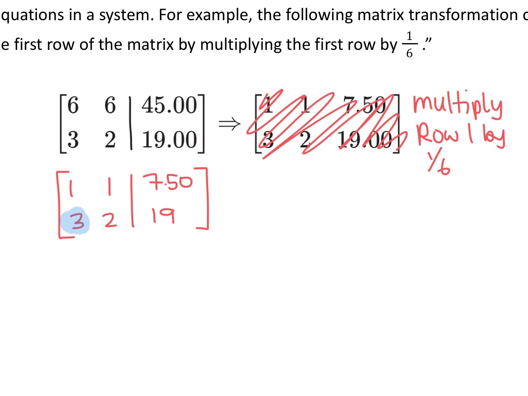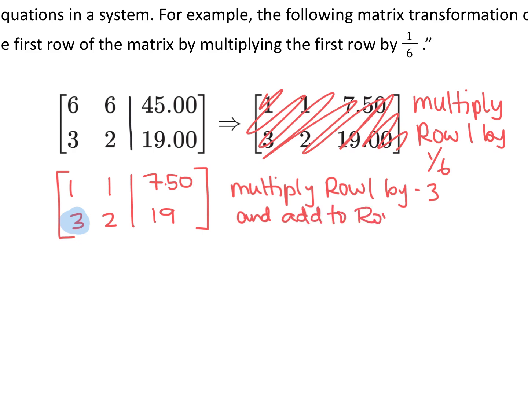So I think a good way of doing that, this is my strategy right now, is to multiply row 1 by -3 and add to row 2. So I'm replacing row 2. That's my goal right here, to get this blue highlighted one to be a 0. Okay, so we're multiplying row 1 by -3.